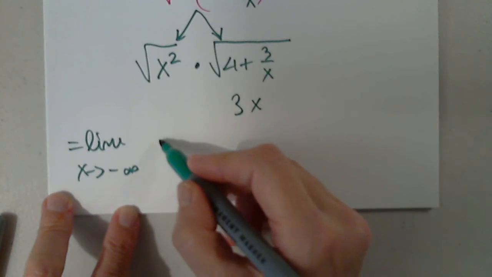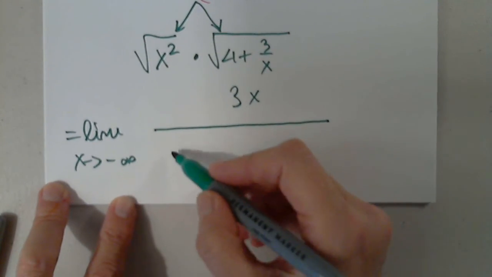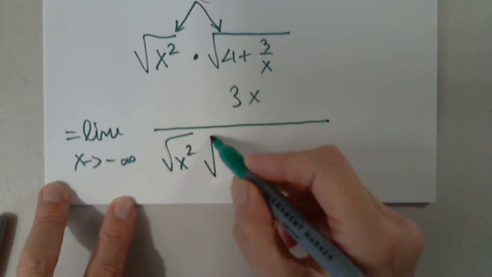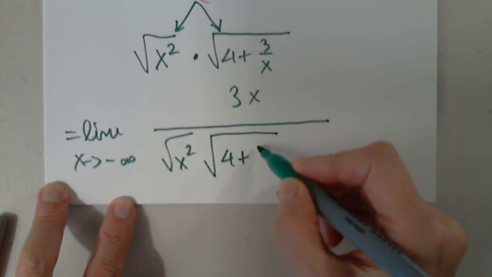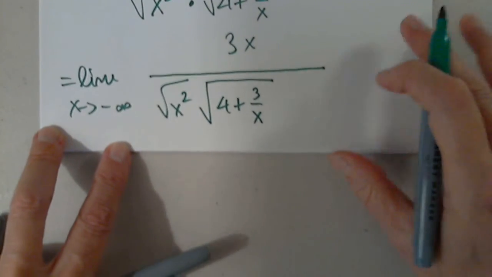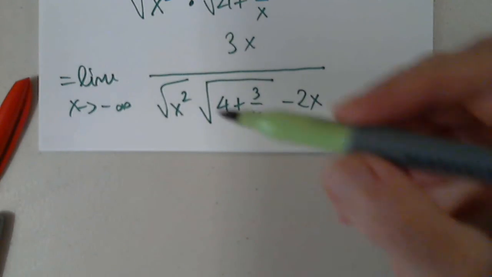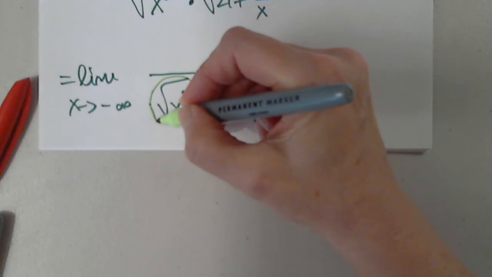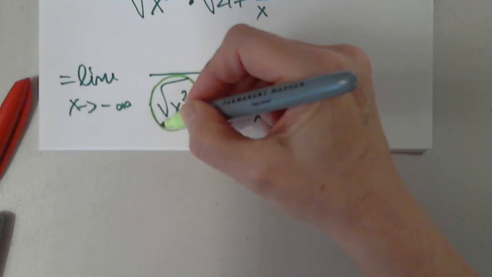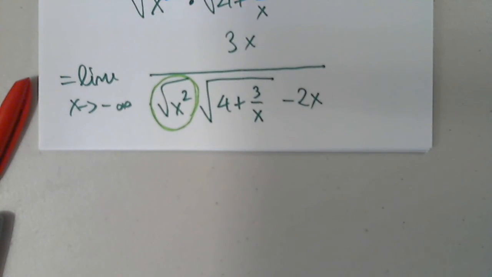So this is 3x, and this is the square root of x squared. This is the square root of 4 plus 3 over x, and this is minus 2x. But now I'm waiting for you to tell me what to do with this. That's the crucial part. Replace it with negative x. Yay!